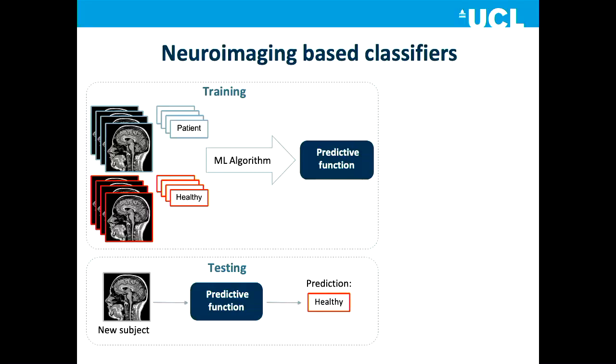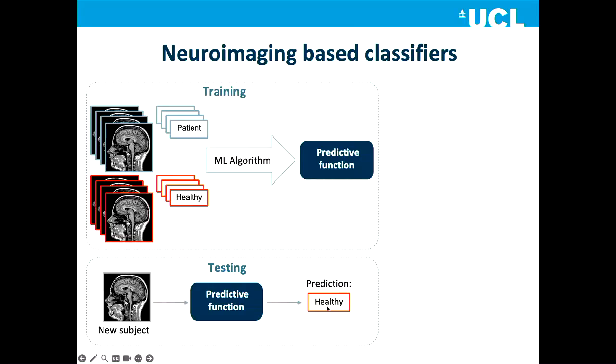The way it works is that we give patterns of the brain, for example, neuroimages from a group of patients and a group of controls. During the training, the machine learning algorithm finds a discriminative pattern between these two groups. The outcome of the training is a predictive function, which can then be used during the testing phase for new subjects to make predictions.